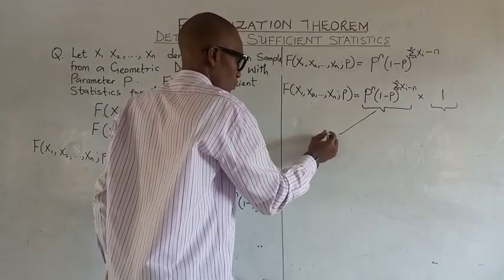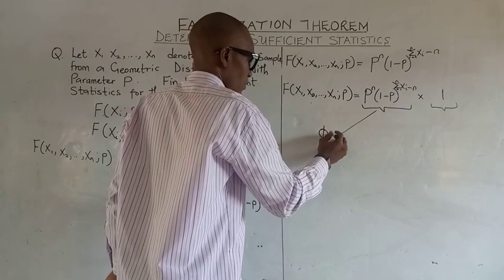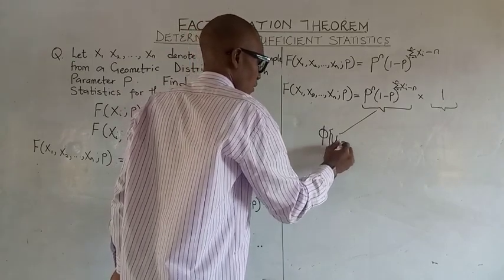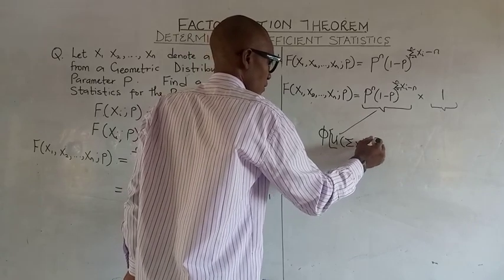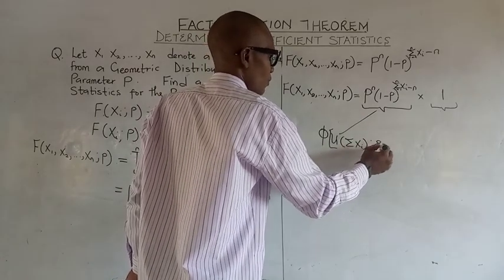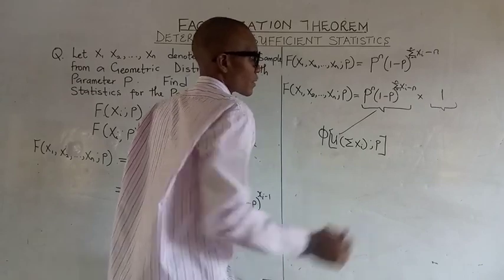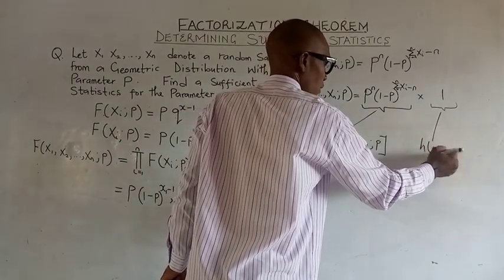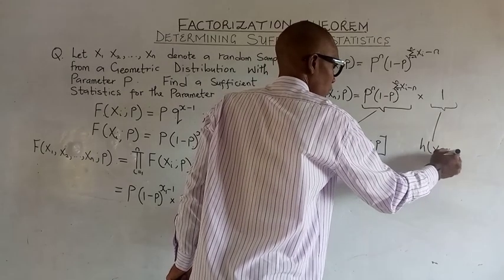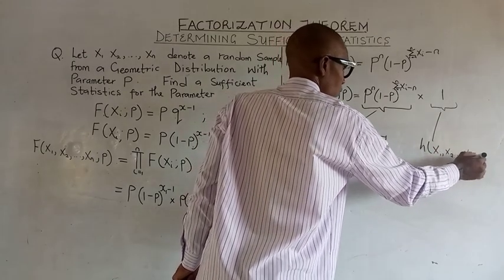So this will now give us our function of the summation of xi's. We put down the function of the parameter p, and this will give us h equal to x1, x2 to xn.